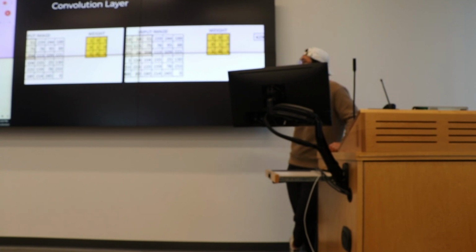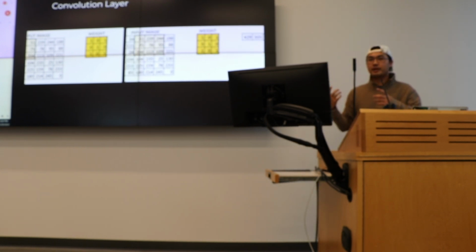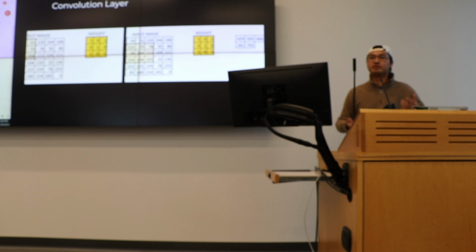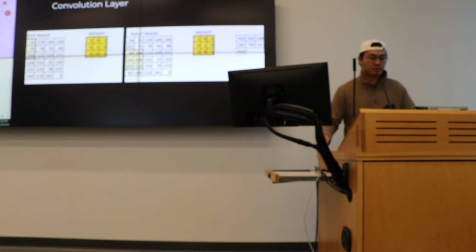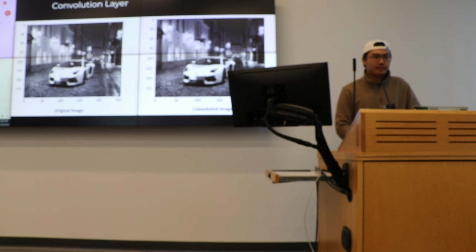Because that's what the convolutional operator means. From those dot products, you get this new smaller matrix. And obviously, when we don't have as many defined points, it becomes more blurred, which you can see in this image right here.